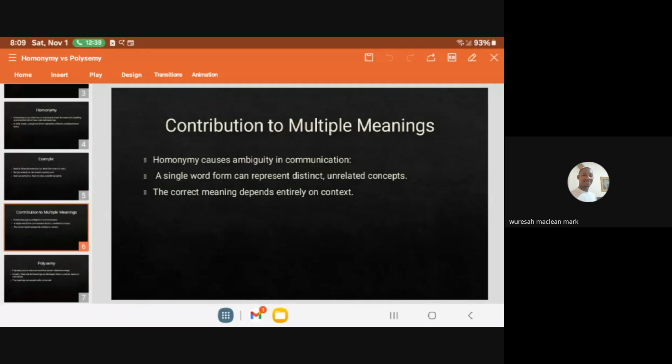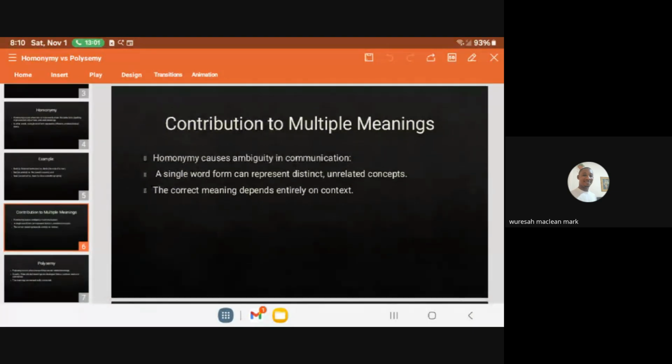Then let's look at the contribution of homonymy to multiple meanings. We'll say that homonymy does cause ambiguity in communication. Here you cannot tell whether one is referring to the bank of the river or the financial institution when you mention the word bank. So that creates ambiguity.